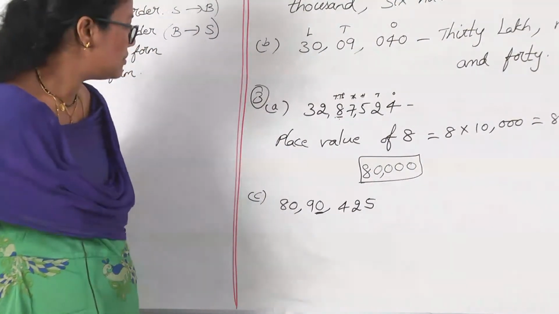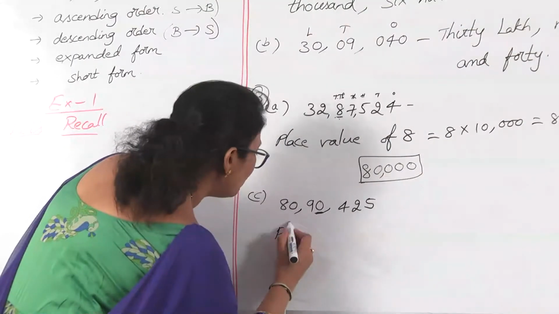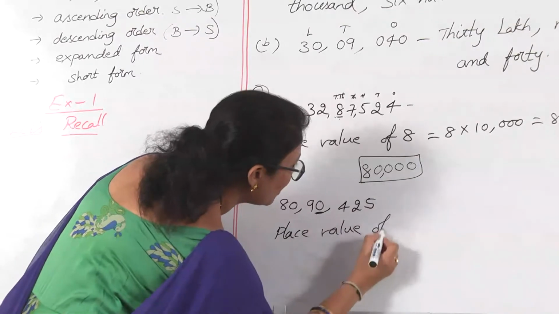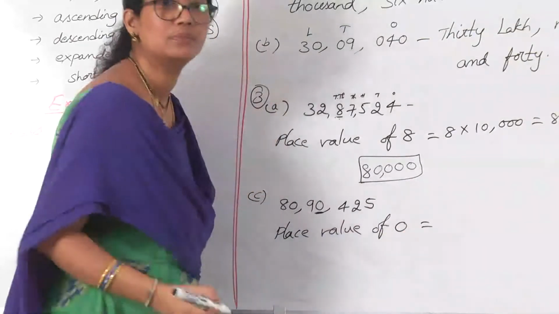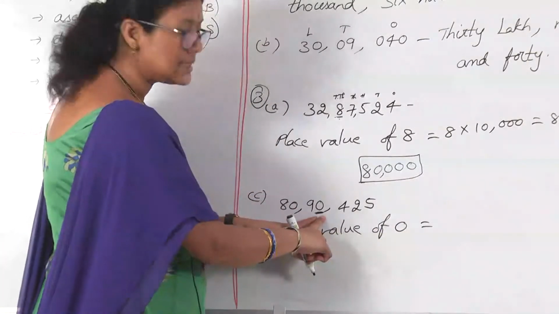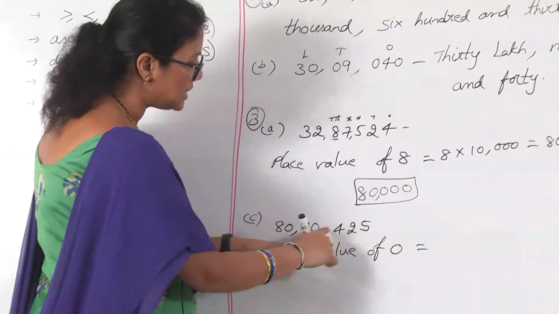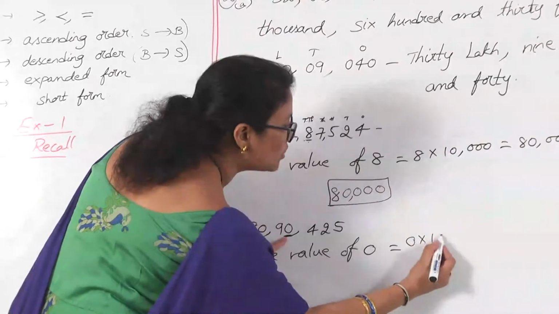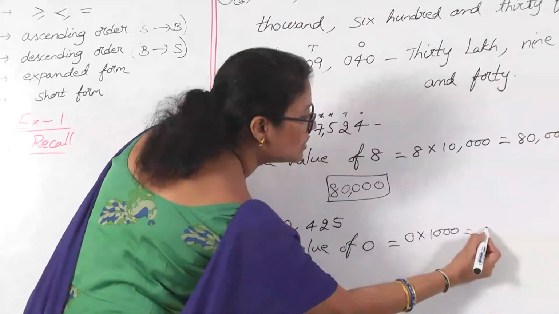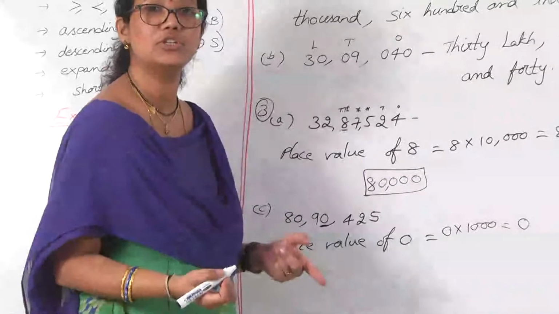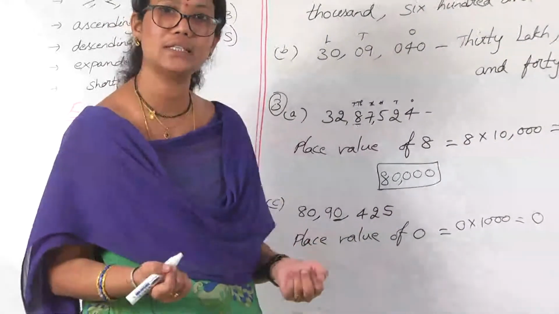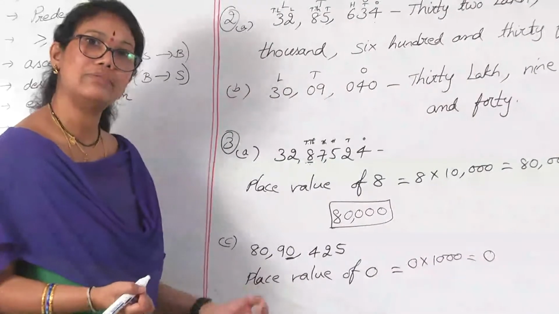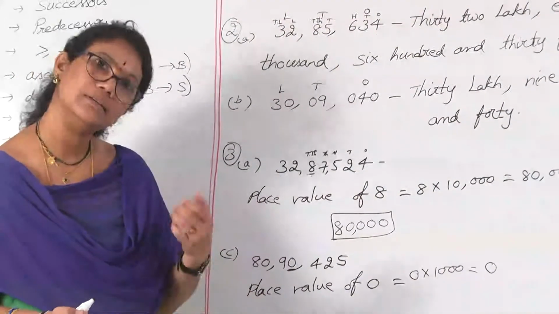So, here place value of 0 is equal to, now this 0 is under ones, tens, hundreds and thousands, right? It means 0 into 1000 is 0 and we know that when 0 is multiplied with any number we get 0, or directly we can say the place value of 0 is 0 itself.